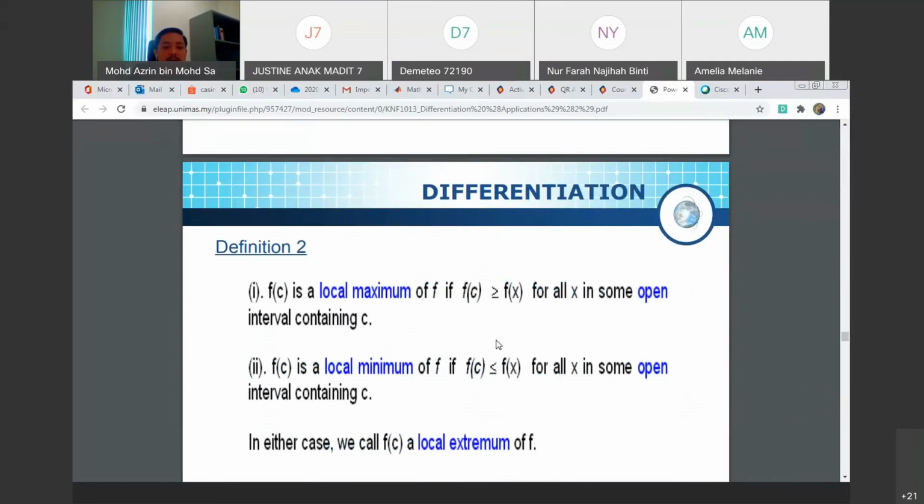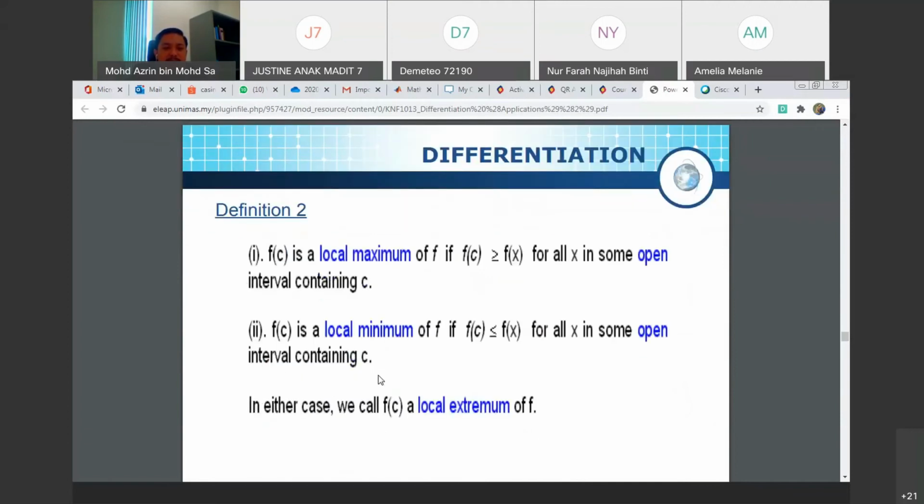If you want to find the local maximum, where f(c) is more than or equal to f(x) for all x in some open interval containing c. Okay, this is more on definition.